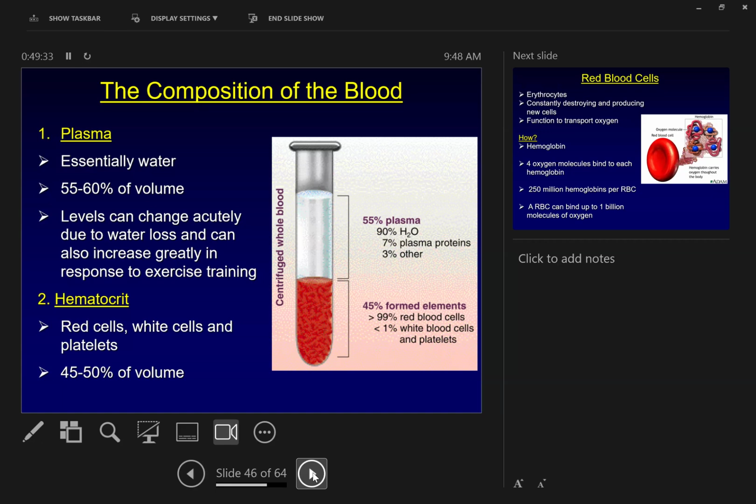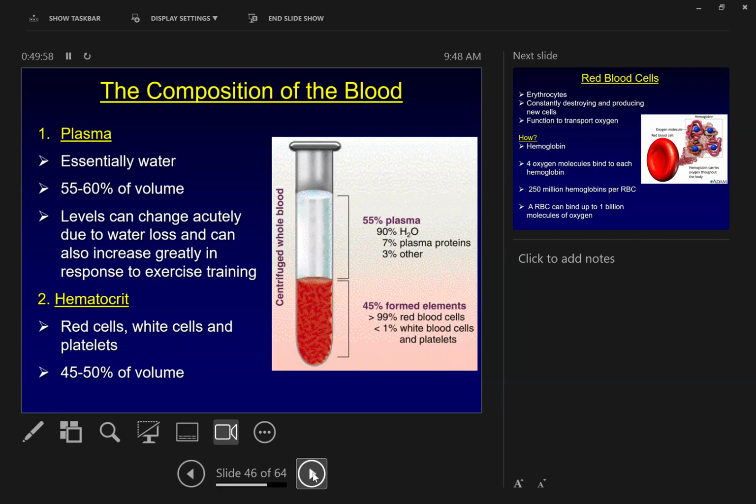What did Lance Armstrong do that made him an elite cyclist? He did blood doping. He took a drug called erythropoietin that had him artificially make more red blood cells, so his hematocrit percentage was probably over 50%.